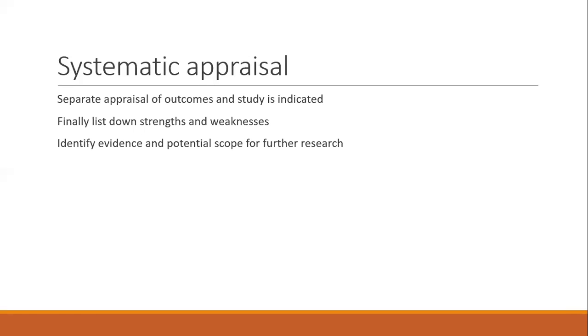But if a systematic review is not done properly, then it does not become 1A. It falls. It becomes 1B or sometimes even 2 if it is poorly done. So that is where critical appraisal comes in. It is not just the hierarchy of the study, it is also the conduct of the study. Then you identify evidence and potential scope for further research.